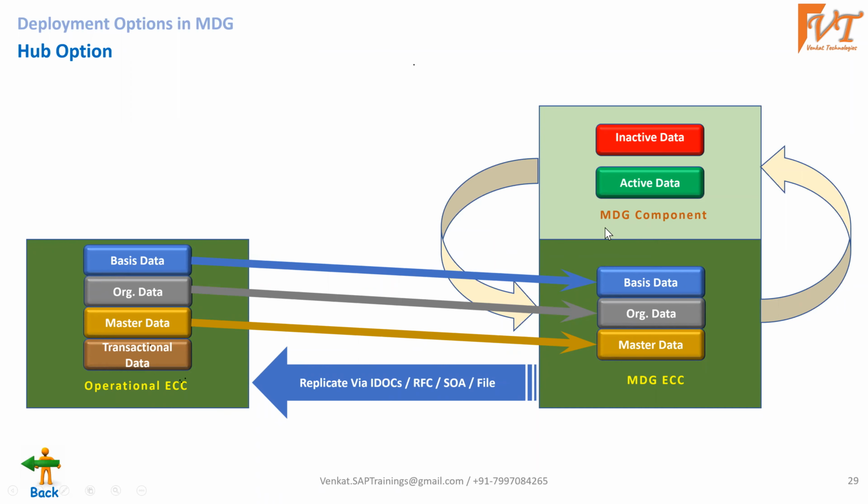The example you mentioned, the hub option, is mainly used for GE Oil and Gas, where they want to have a separate system.